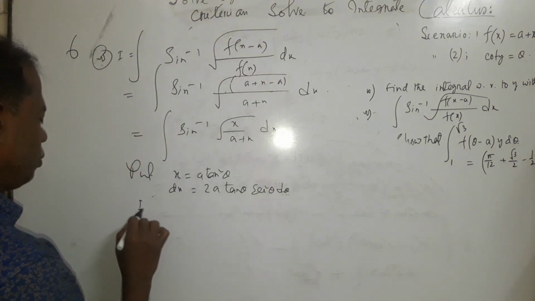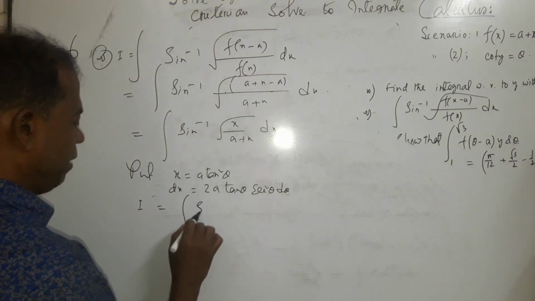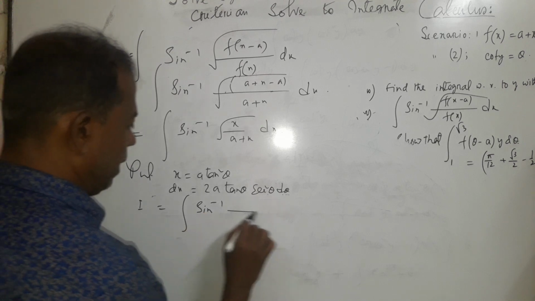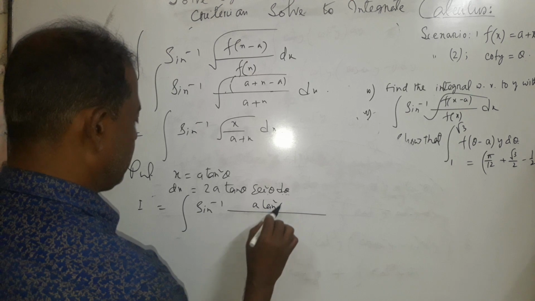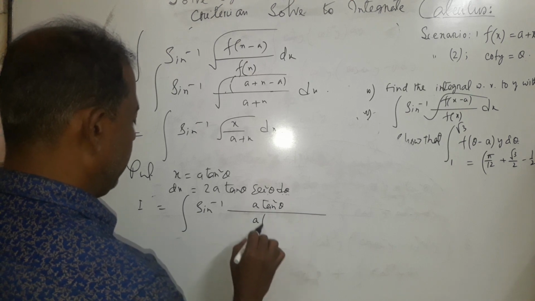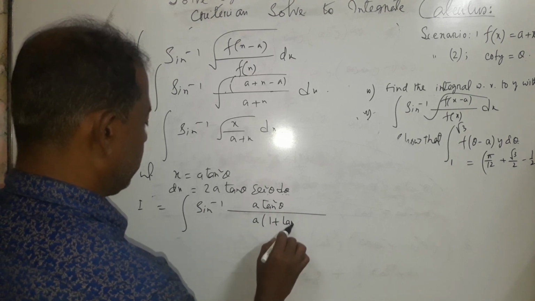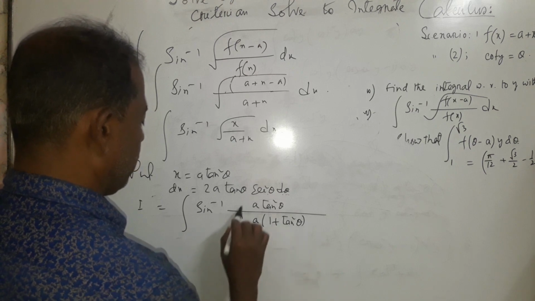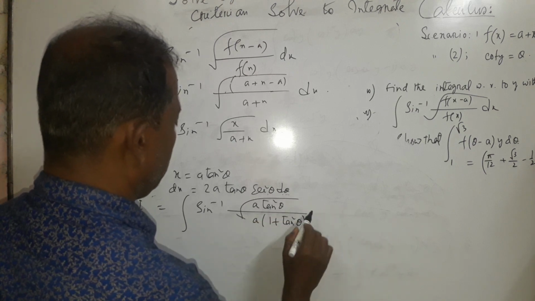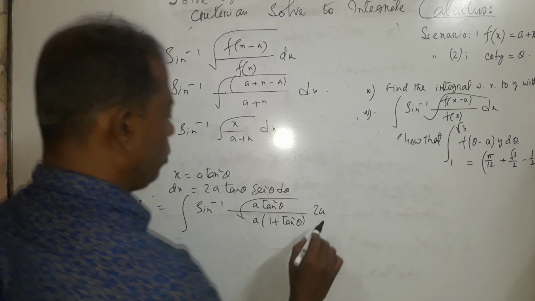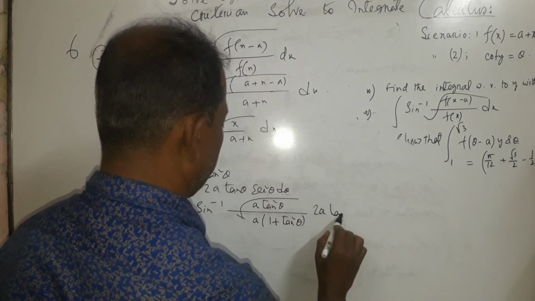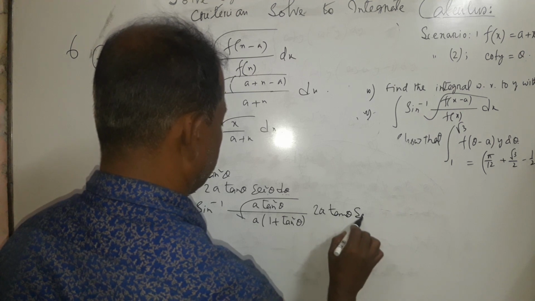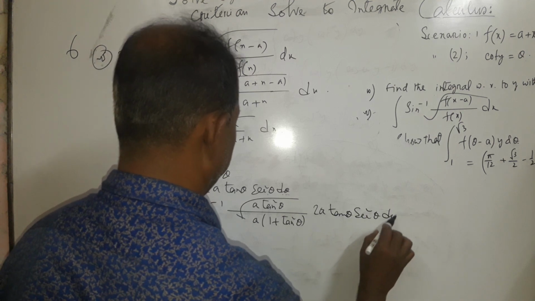So I equals the integration of sin inverse of the square root of a tan square theta divided by a into 1 plus tan square theta, into 2a tan theta sec square theta d theta.